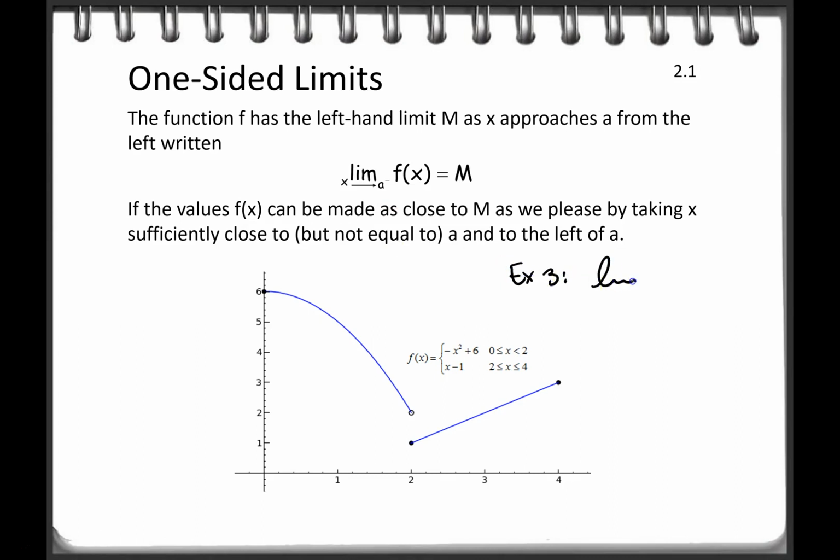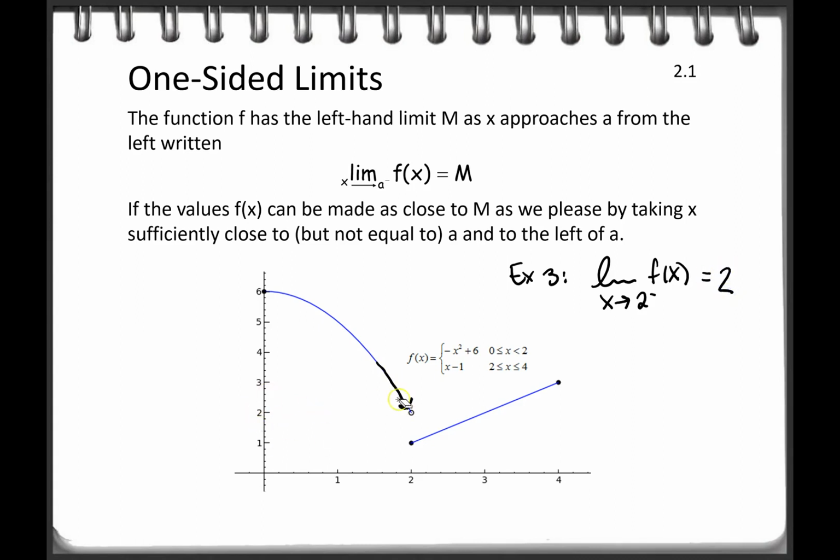I have the limit as x approaches, let's say 2 from the left of f of x. Okay, so again, we're talking about this location because we're talking about an x value of 2, and I'm approaching it from the left. Okay, what's that y value associated there? What are we approaching? Looks like we're approaching 2. So our limit is going to be 2.